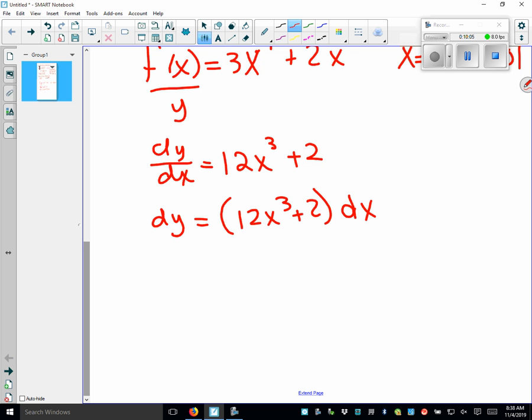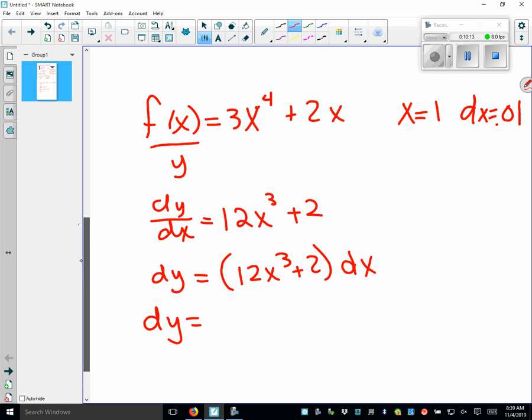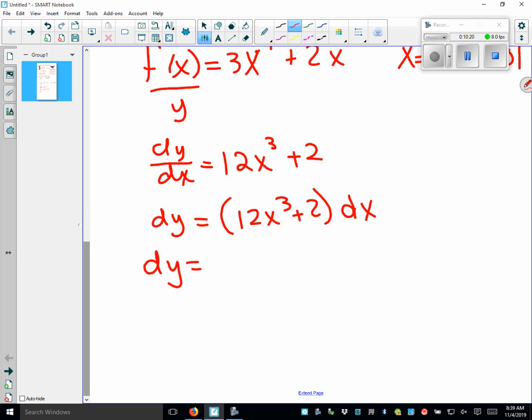Can I plug in x is 1 and dx is 0.01 and get dy?